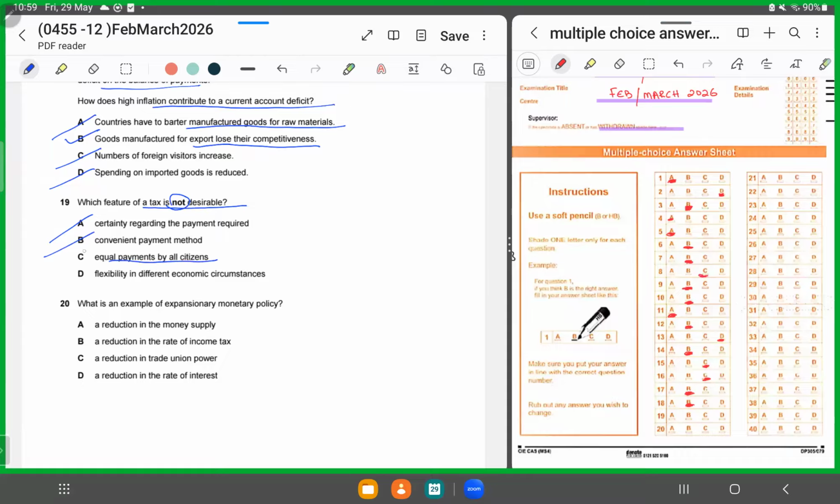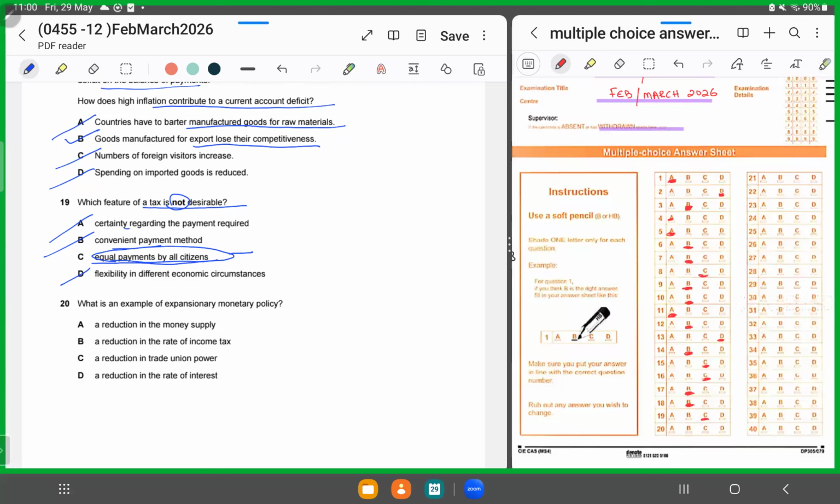Yes, that's not desirable, because those who are earning high must pay more and those who are earning less must be able to pay less. This is flexibility in different economic circumstances. So you want flexibility, you want convenient payment, you want certainty. Equal payments is something you do not want because that would create a burden on those who are earning less. So for 19, we'll shade in C as the correct answer.